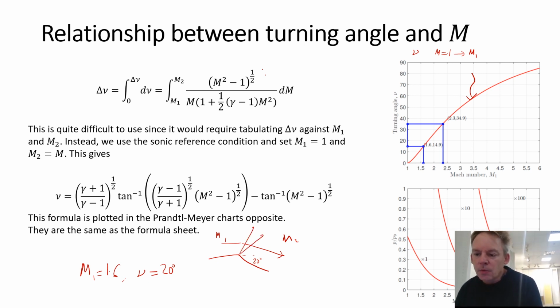Then we take our 1.6, we go up, and ask ourselves what the equivalent initial turning angle would be. In this case it's about 15 degrees. We add 20 degrees onto that to take that point up, and then we interpolate back on the curve, and that tells us our Mach number at the end, and that Mach number at the end is 2.3.